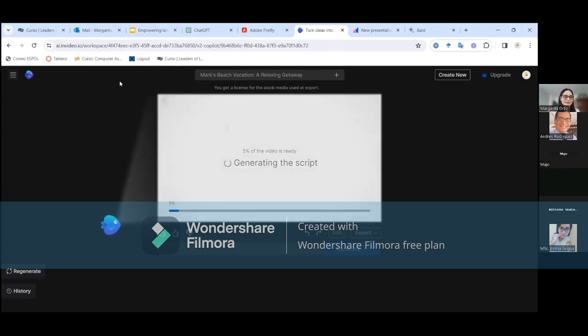You see it's generating the script. You can even ask it to write the subtitles in any language. And now it's creating the voices.